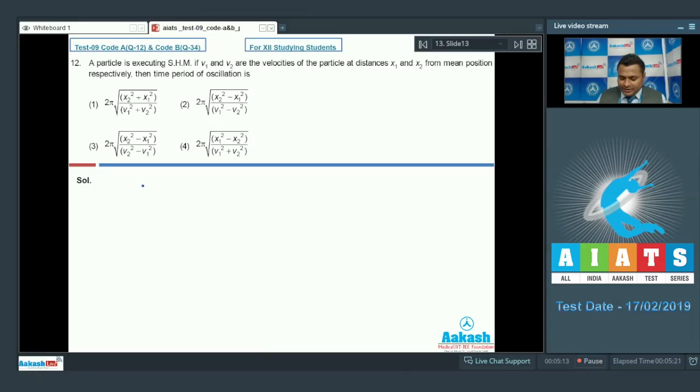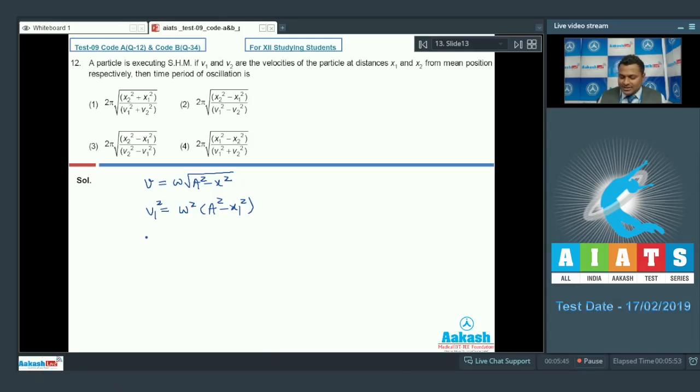We know that the speed of a particle is related to the distance from the mean position by the equation V equals omega under root a square minus x square, where a is the amplitude and x is the displacement from the mean position. So we can write V1 square equals omega square times a square minus x1 square.